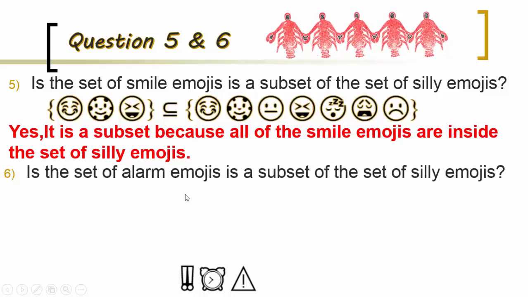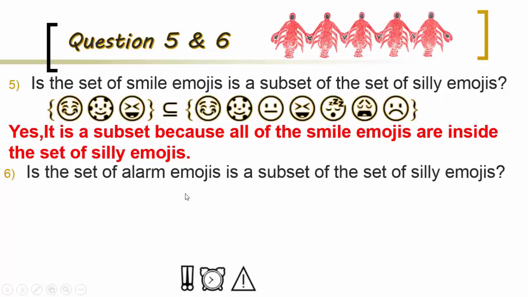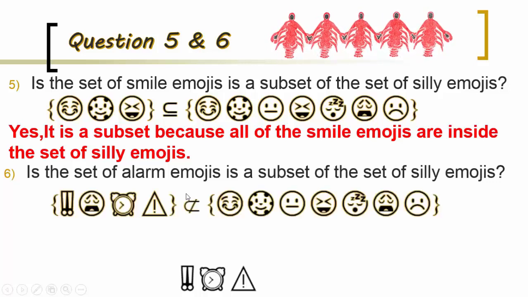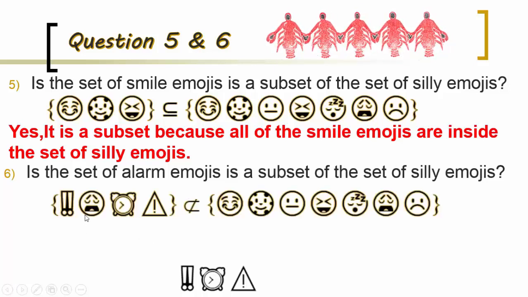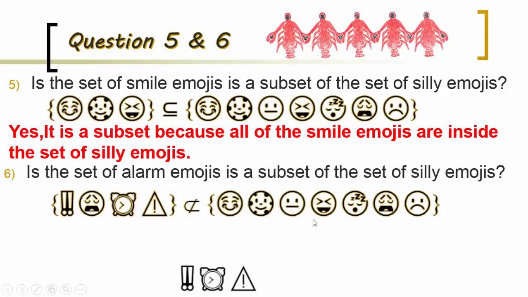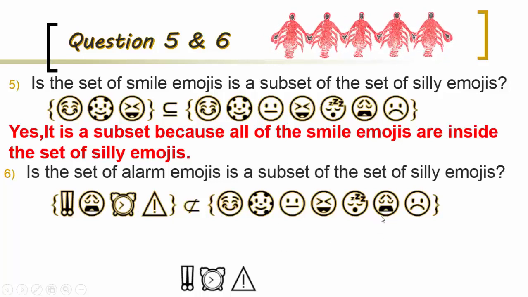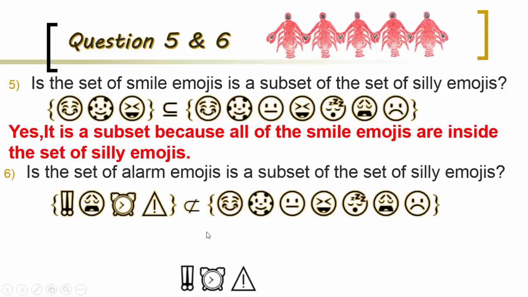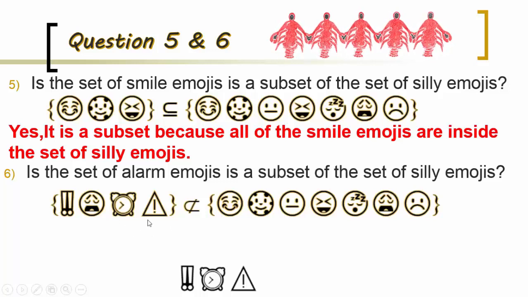So is the set of alarm emojis a subset of the silly emojis? Well, let's see. Here are the alarm emojis. Do we see the double exclamation point here? No, we do not. Yes, we do see this one here, but we do not see the alarm clock, nor do we see this exclamation point.